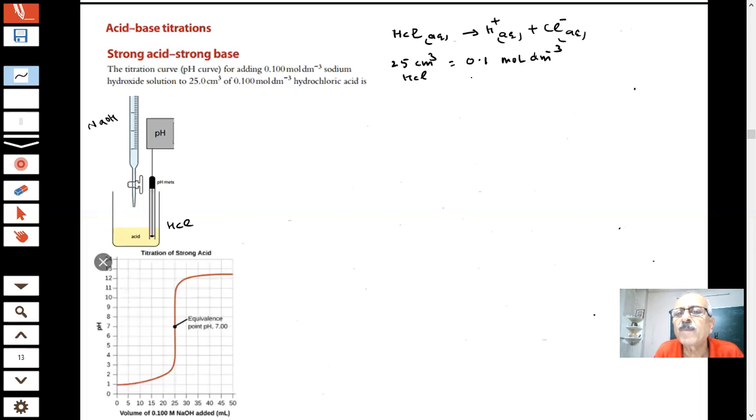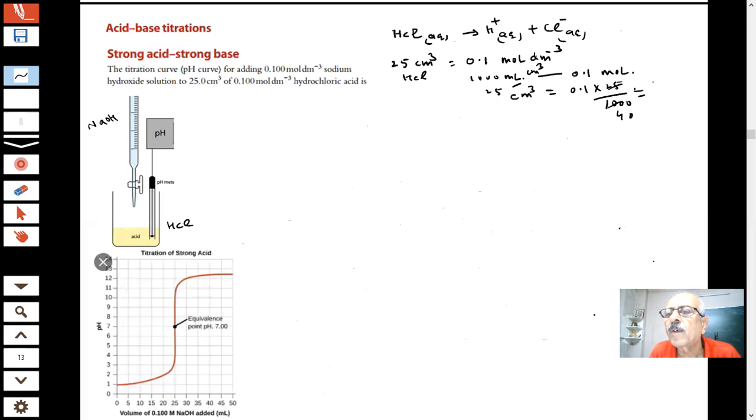0.1 mole per decimeter cube means 1000 milliliter will contain 0.1 mole. And if I have 25 milliliter, or centimeter cube, the same thing, how many moles will be there? 0.1 into 25 by 1000. You can do the calculation.